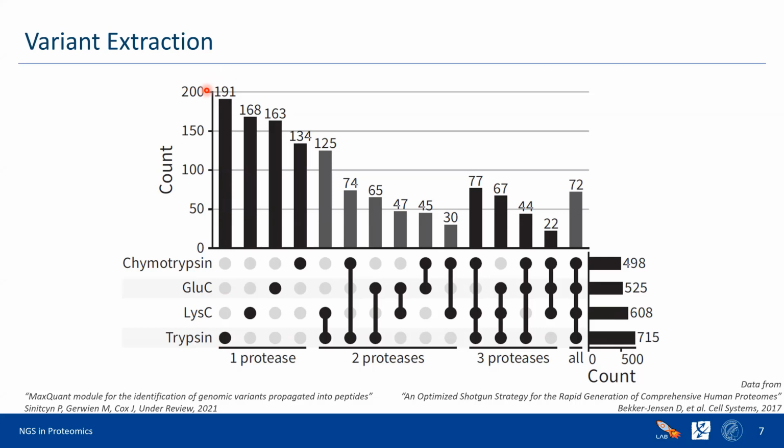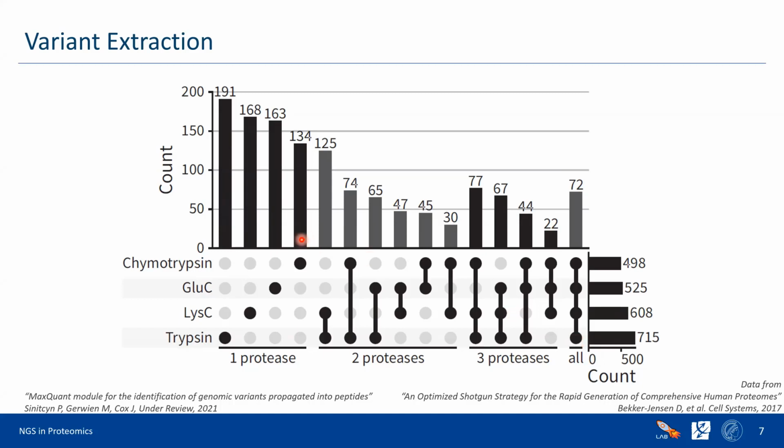We see it's 191. And how many unique identifications do we have for LysC? 168. We also see all combinations, and for example, this hero 72 variants which we found using all proteases.